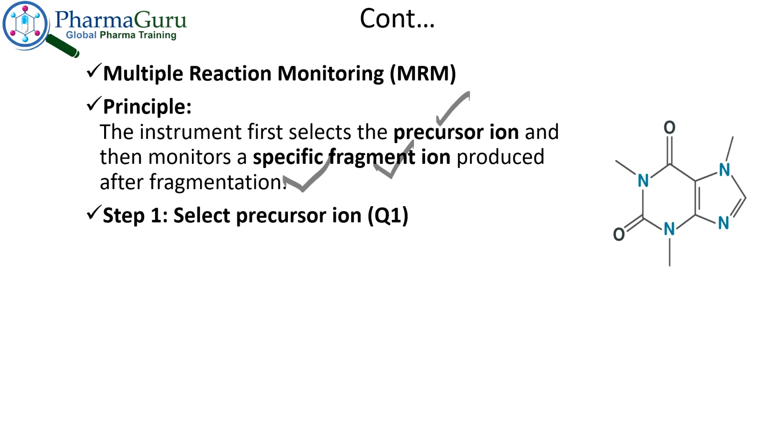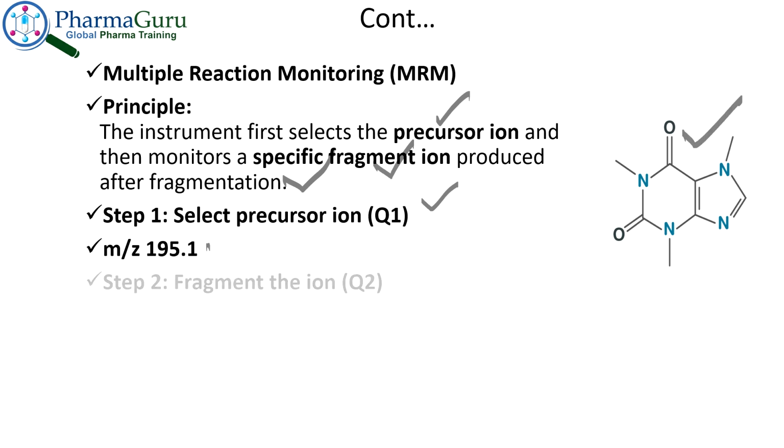It involves a three-step process. First step, select the precursor ion at Q1, the first mass filter. Suppose here the precursor ion is m/z 195.1 for the caffeine molecule. Step 2, fragment the ion, here 195.1, at Q2, which is a collision cell.